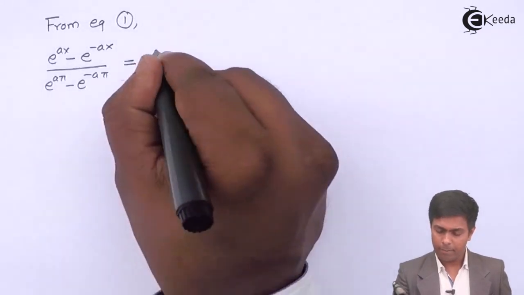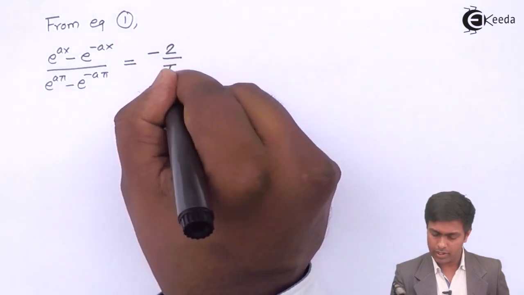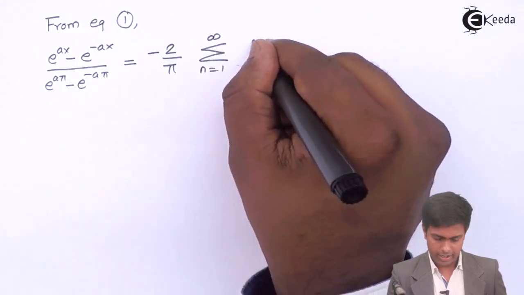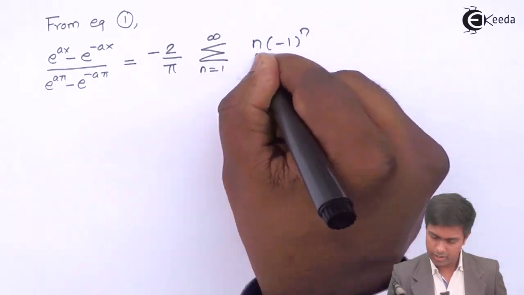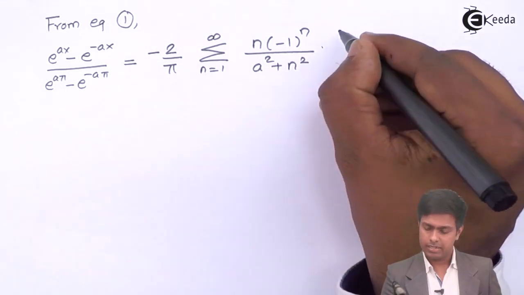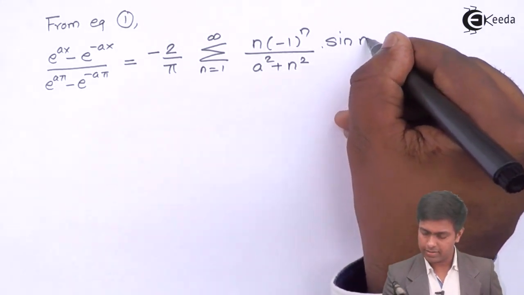So we will get minus 2 upon pi outside, summation n equals 1 to infinity, n into minus 1 raised to n upon a square plus n square into sine of nx.